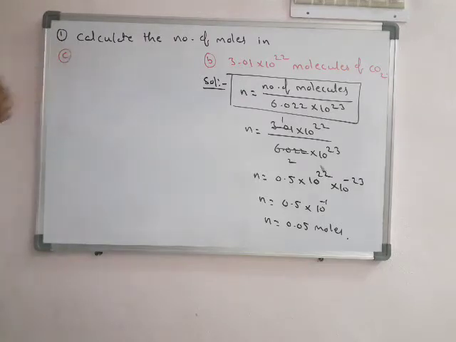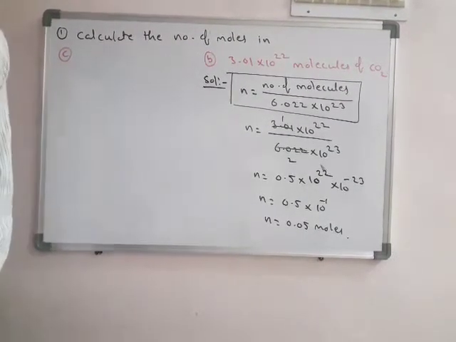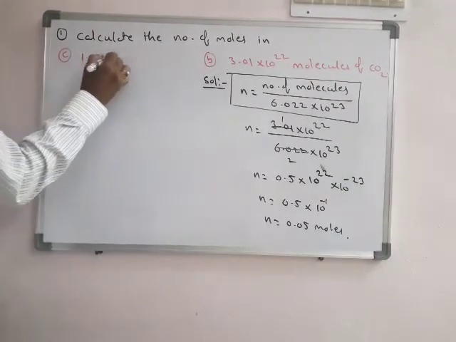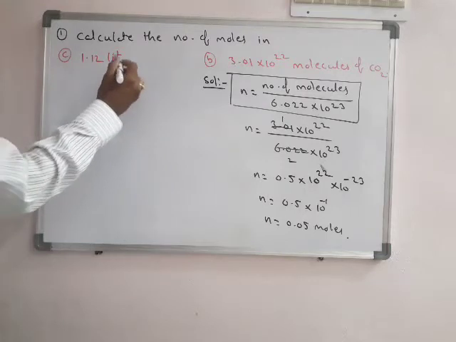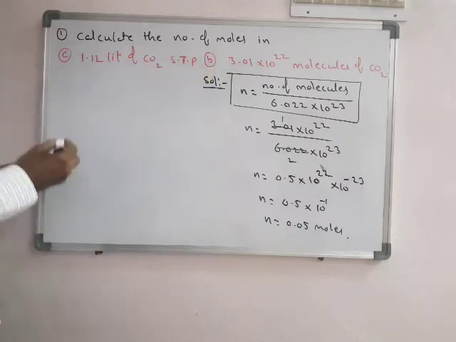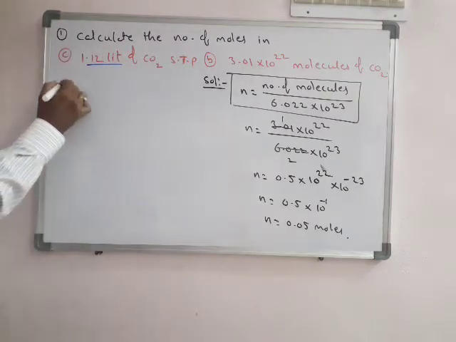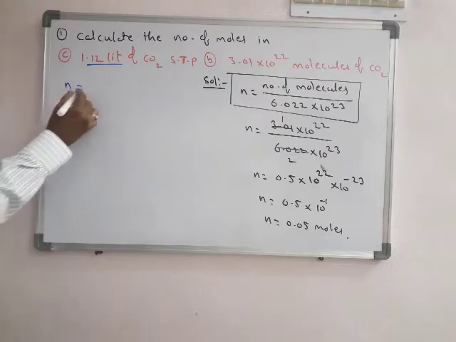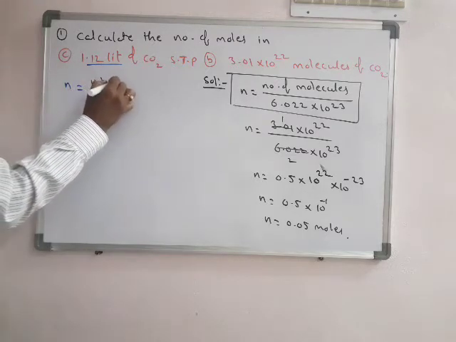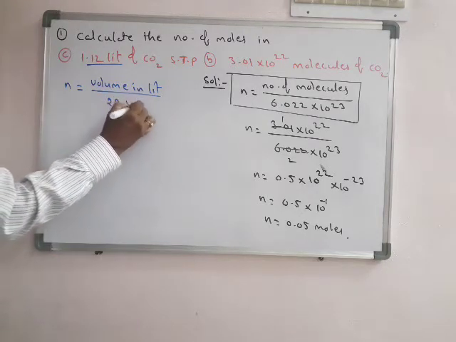Let's see one more. Next in the same problem, the third one: 1.12 liters of CO2 at STP. What is the meaning of STP? That is standard temperature and pressure. It is given in terms of liters, so the formula is the given value in liters divided by 22.414.